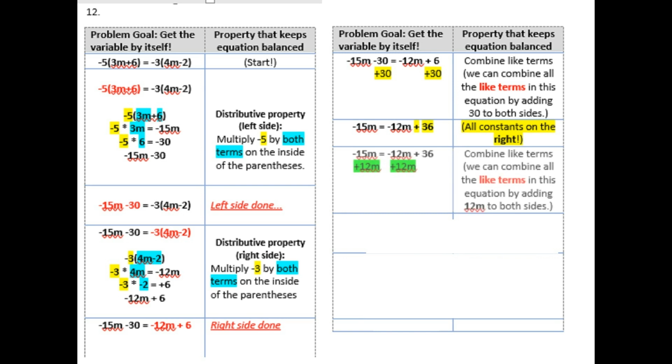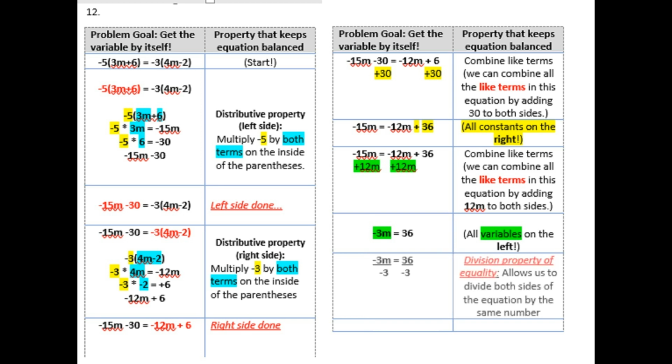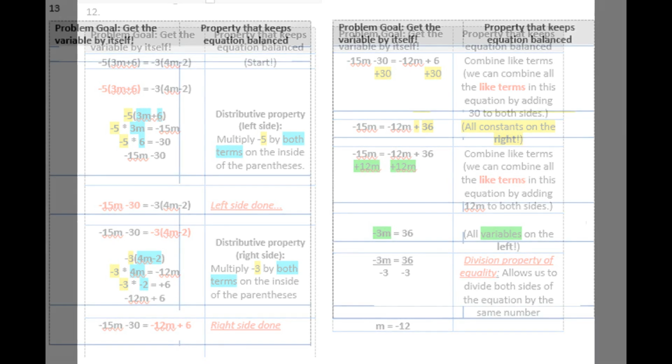So we end up with negative 15m equals negative 12m plus 36. We add 12m to both the left and right sides. Negative 15 plus 12 is negative 3m equals 36. Divide by negative 3, and m equals negative 12. All right, again, m is negative 12.